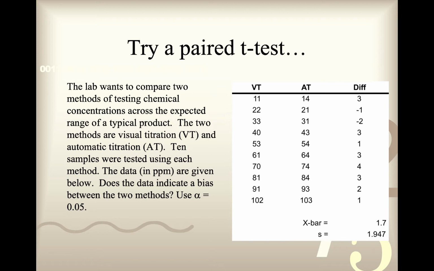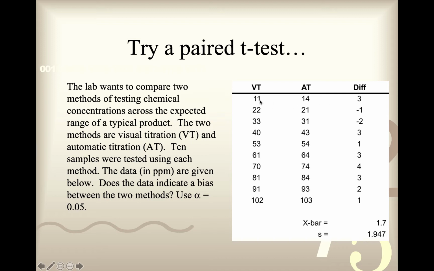All right, so what we don't want is the differences in the samples, right? Because we see here's a sample 11 and 14, here's a sample 91 and 93. We don't want those differences. We just want the difference between the VT and the AT.